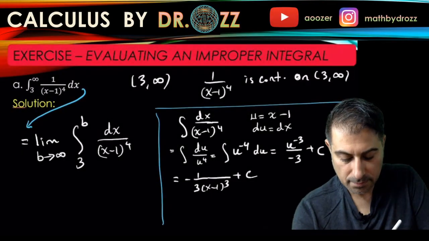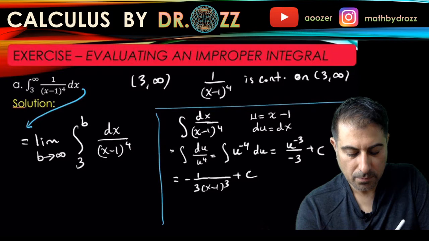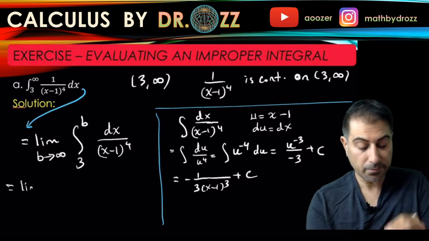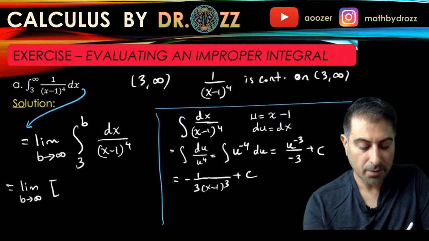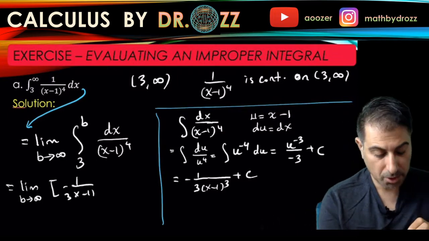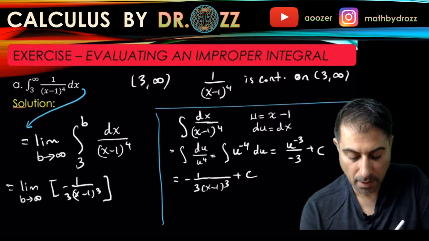Okay. All right, so let's go back here and use the fundamental theorem of calculus. Minus 1 over 3 times (x minus 1) cubed, from 3 to b. Okay.